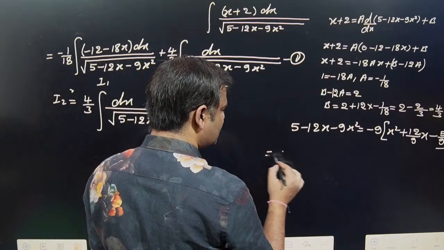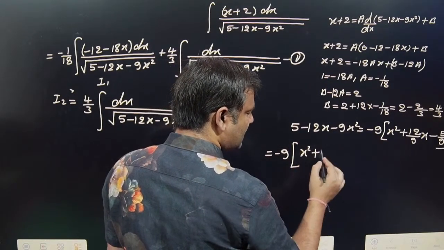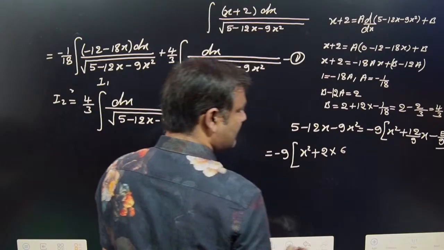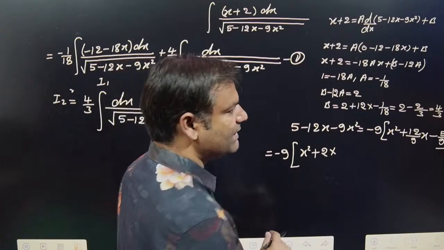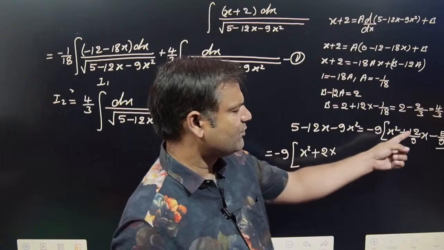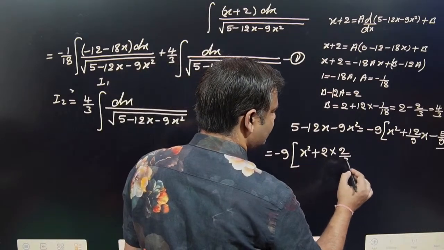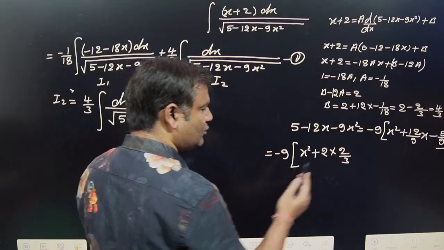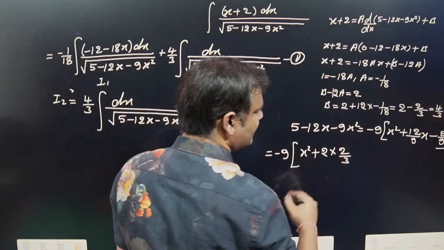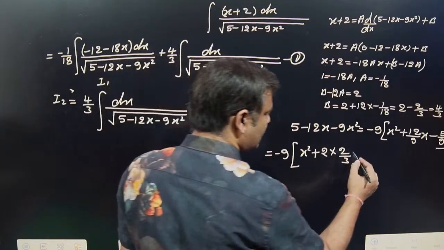Here this one is written as minus 9, and x square plus 12 by 9 into x, where 12 by 9 is 4 by 3, which we write as 2 into 2 by 3 into x.